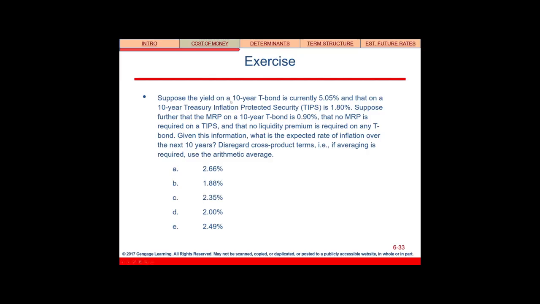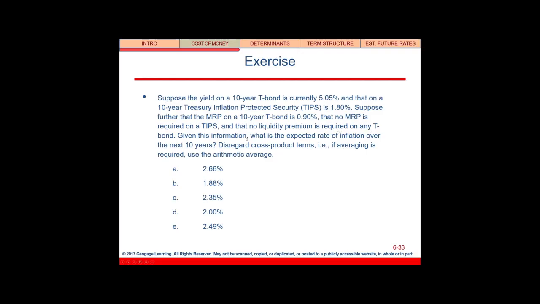Suppose the yield on the 10-year Treasury bond is currently 5.05%, and that on the 10-year Treasury inflation protected security is 1.8%. Suppose further the maturity risk premium on the 10-year Treasury bond is 0.9%, that no maturity risk premium is required on the TIPS, the Treasury inflation protected security, and that no liquidity premium is required on any Treasury bond.